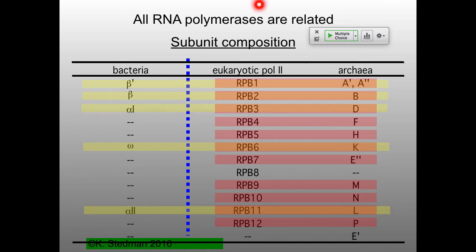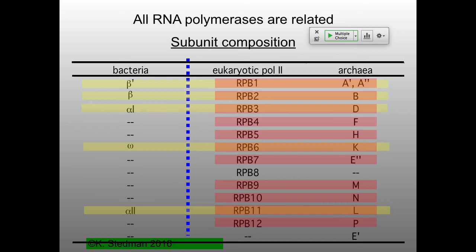So that's basically, again, what it says at the top here. They're all related to each other. But what should be really fascinating and amazing, and all of you've noticed, is what's happening over here in this column. The archaeal RNA polymerases actually have a lot more similar subunits to the eukaryotic polymerases than they do to the bacterial polymerases.